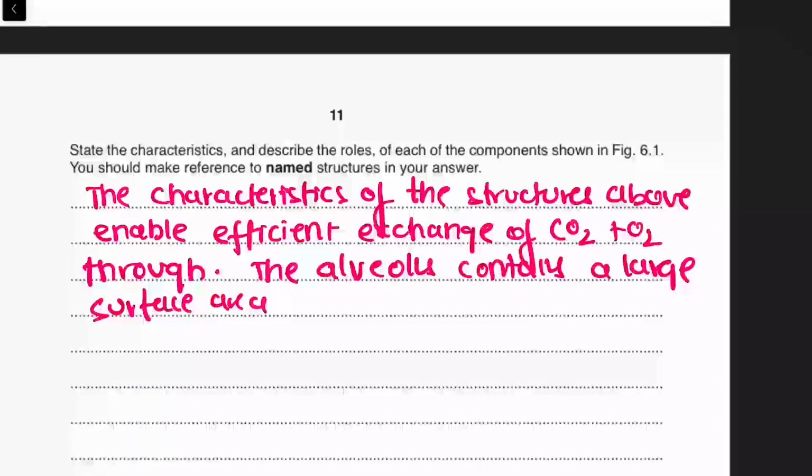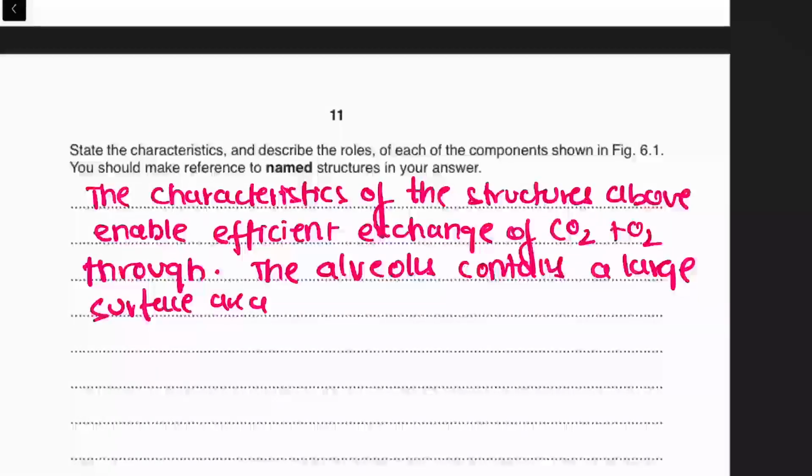We have already written that part at the top. The examiner knows now that since you have written the characteristics of the structures above enable efficient exchange of carbon dioxide and oxygen, whatever points you write now are to prove that the characteristics for efficient gaseous exchange are present. So don't keep writing this increases gaseous exchange. You have written it once, the examiner understands, right? That's how you reduce your time.